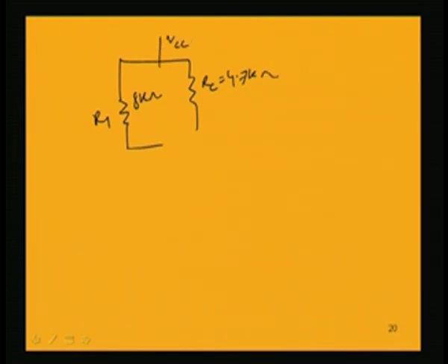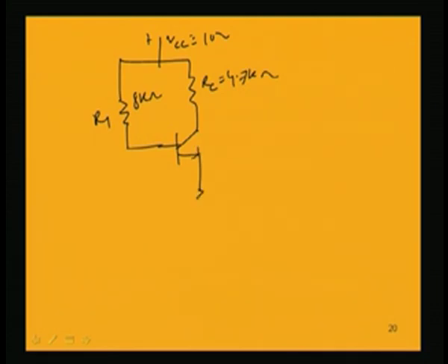In this circuit, the potential divider biasing scheme has the resistances: R1 is 8K, RC is 4.7K, VCC is 10 volt, and this is an NPN transistor.